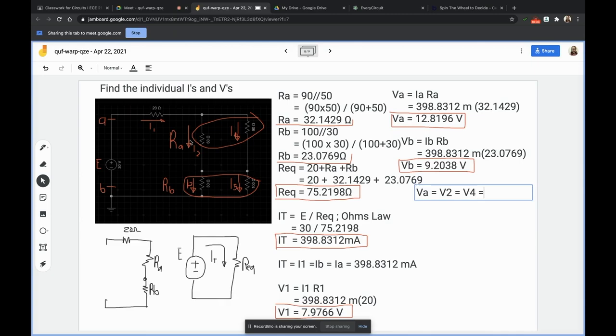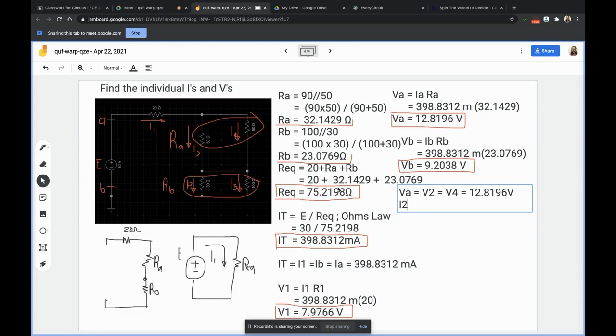Hindi siya laging itong I2, I4. Depende kung ano yung state mo dun sa drawing. If mali siya sa stated representation ng drawing, that will be wrong. So, this will be 12.8196 volts.